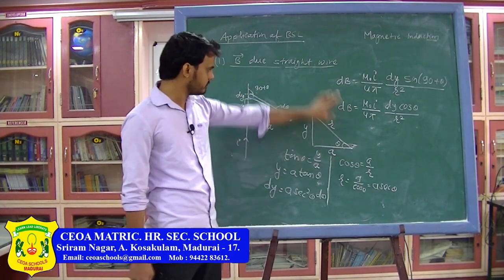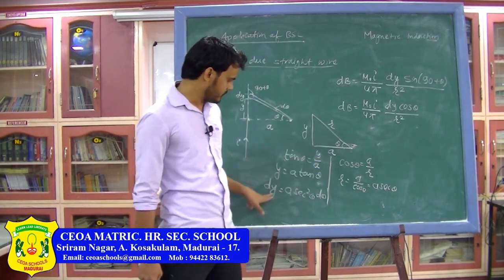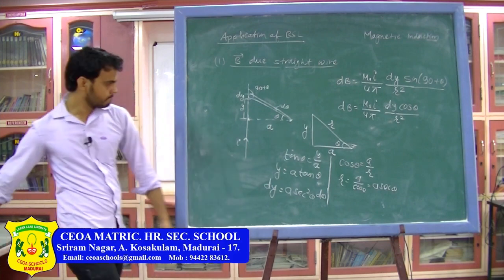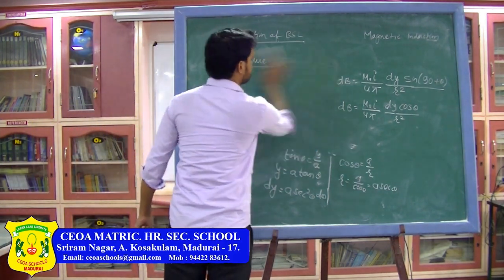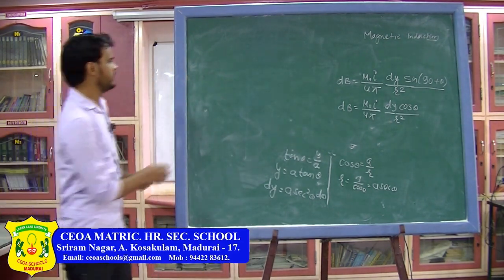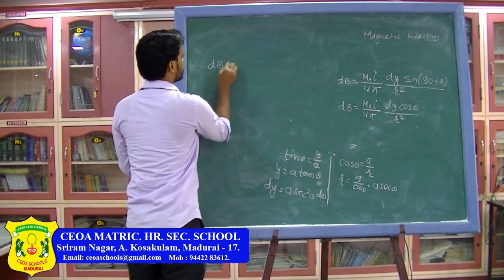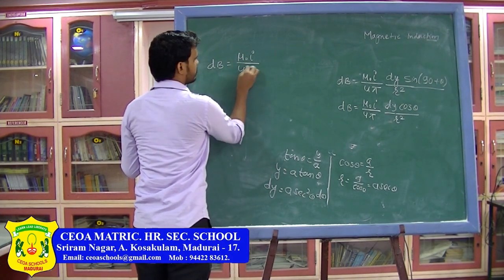So now I am going to rub this off and I am going to simplify this equation using these two values of dy and r. So from here I can write dB is equal to mu naught I divided by 4 pi.